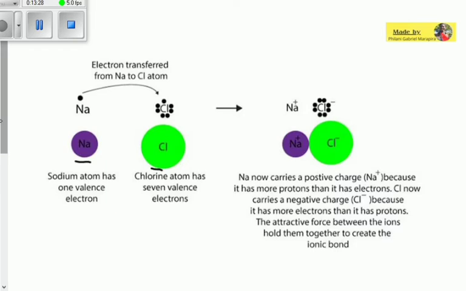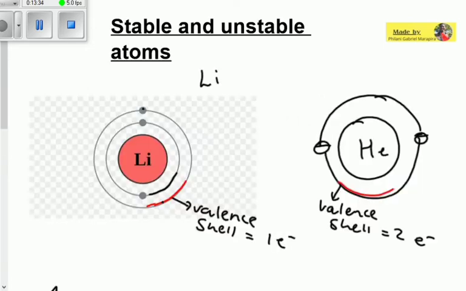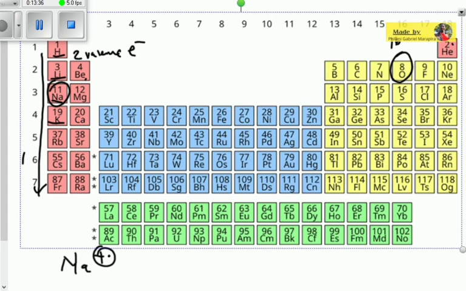Sodium is going to lose that electron to chlorine. Let's look at chlorine's valency. Chlorine is in group number 7. Elements in group 7 have 7 valence electrons, so they need 1 electron to fill their outermost shell.